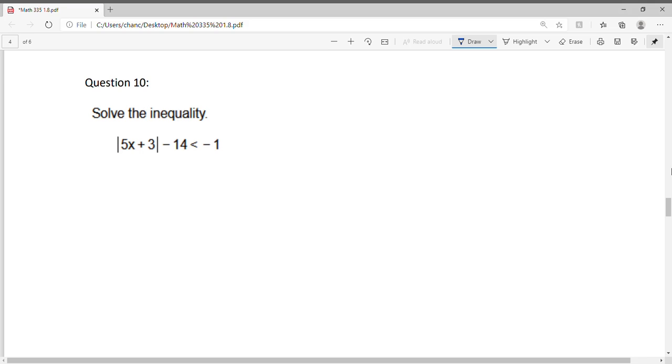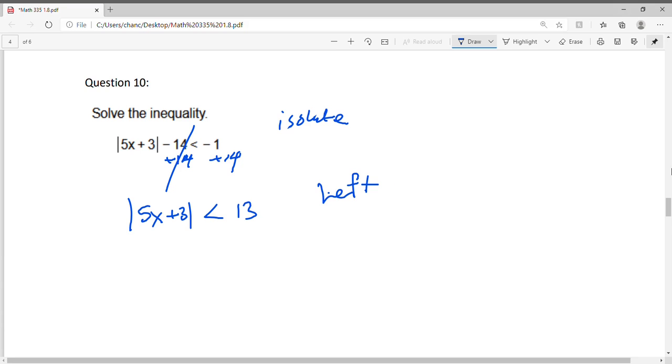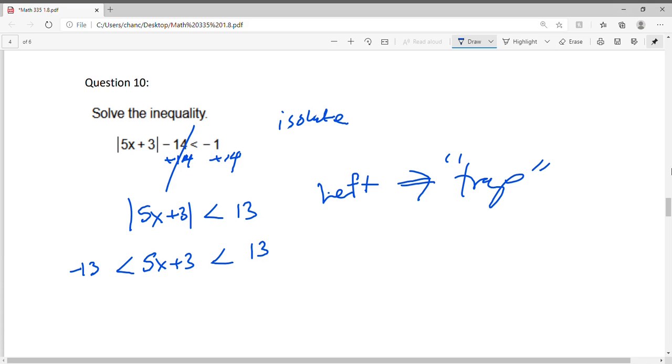Question 10, let's isolate the absolute value first before we make a decision. Add 14 to both sides. I have the absolute value of 5x plus 3 is less than 13. Now, since this space is left, it's got to be a trap. So let's trap 5x plus 3 between two numbers. That's going to be 13 here and negative 13 here.